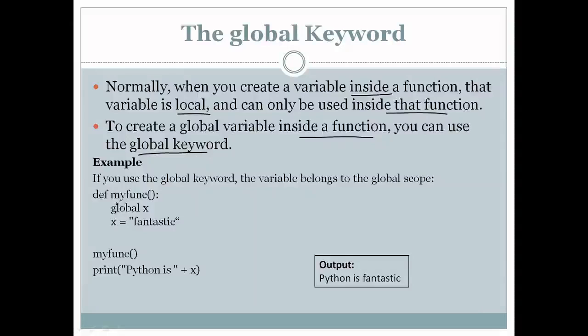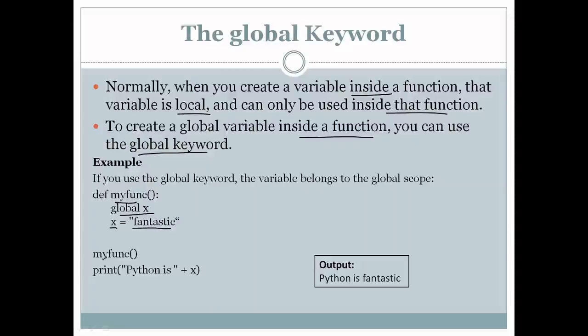So we have a function here. Inside the function, how we have created a global variable, how you can see. The variable x is declared with a keyword global that makes x a global variable. Even though it is declared inside the function, the x is considered as global. Then we have assigned x with a value, fantastic.